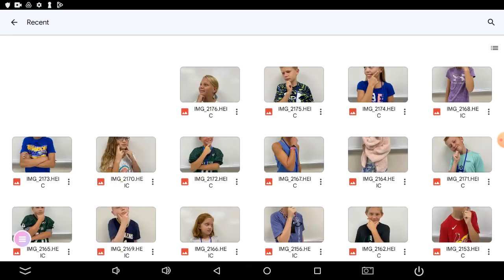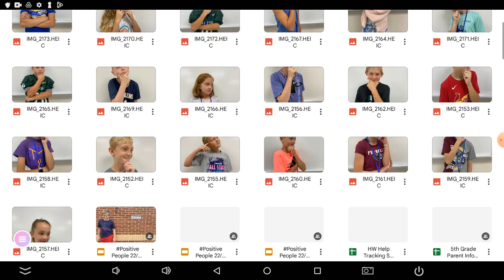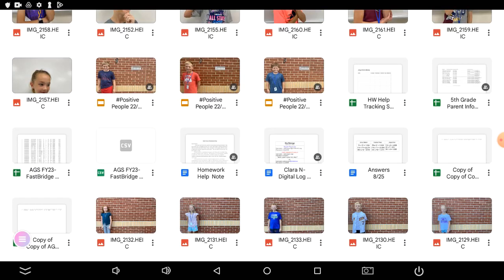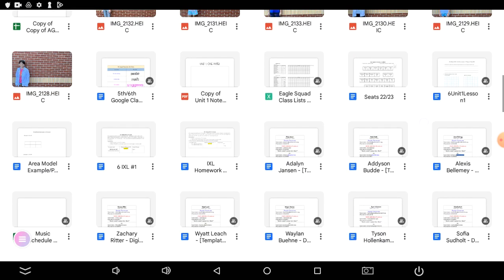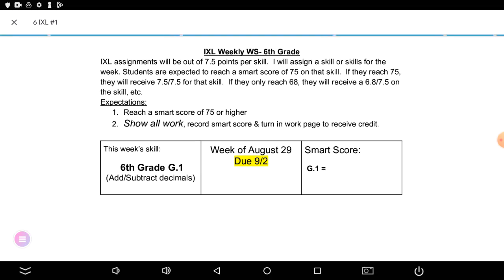Okay, you don't have homework tonight, but I am giving you your first IXL assignment. Because remember, you either have a weekly worksheet or an IXL skill. This week you had a weekly worksheet, so next week you have an IXL skill.